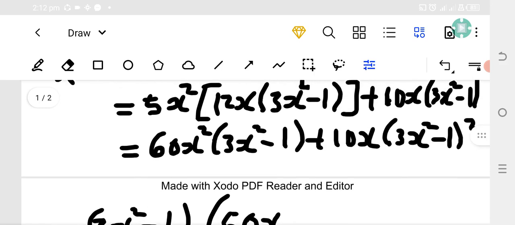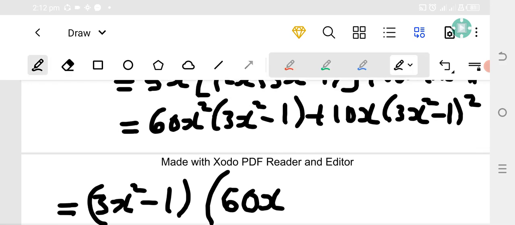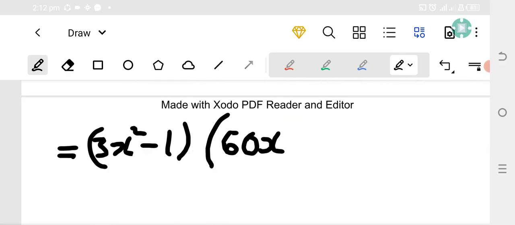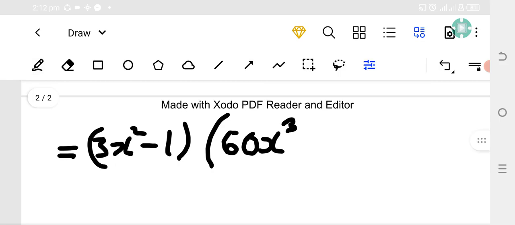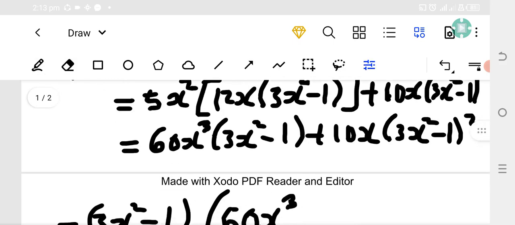It was supposed to be cubed. I don't know why I put squared. So 60x cubed. Sorry for that, that was a mistake, an oversight. 60x cubed, like that.